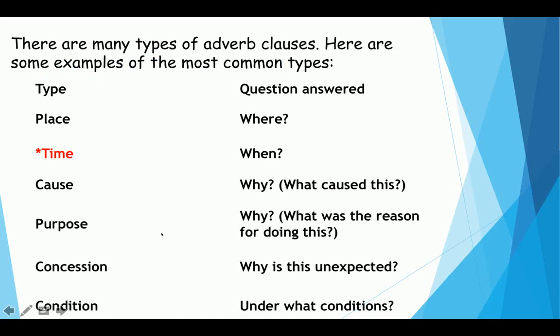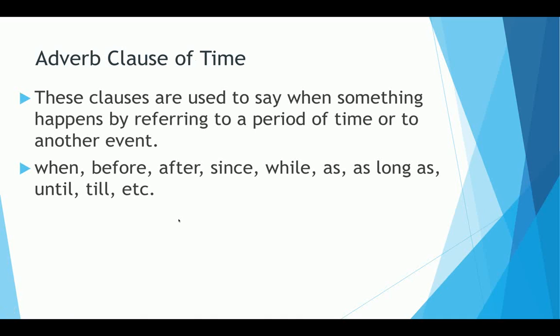There are many types of adverb clauses. Here are some examples of the most common types: place, time, cause, purpose, concession, condition. Today we're going to focus on adverbs of time, and they generally answer the question, when. Adverb clause of time.